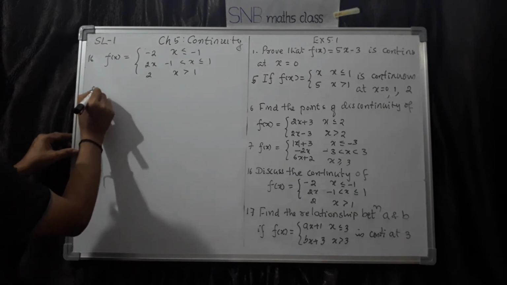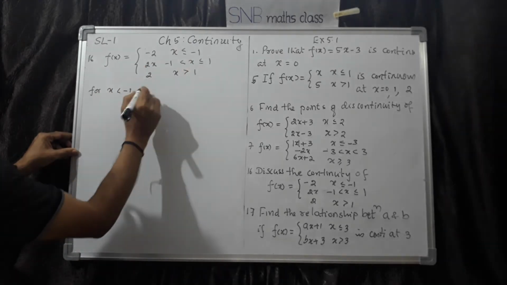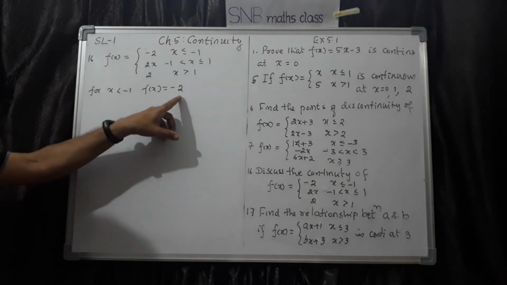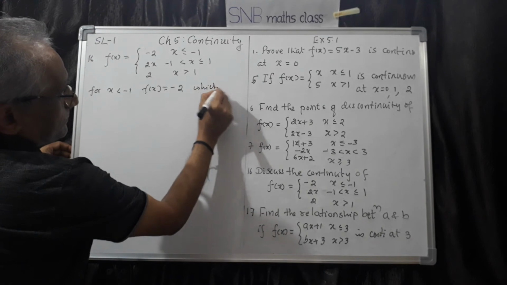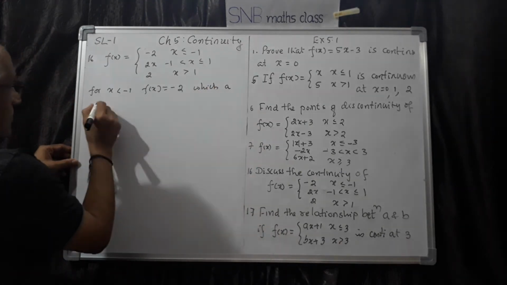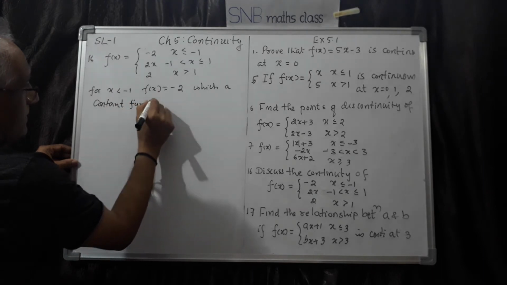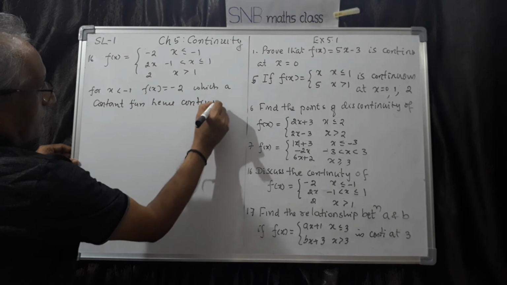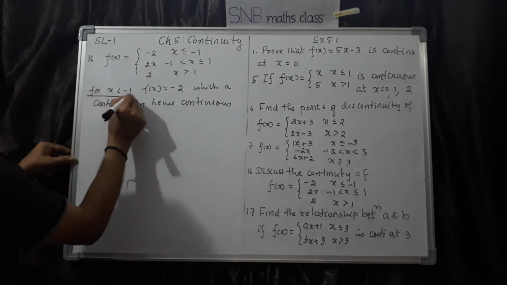Say for x less than minus 1, equality we need not take, f of x equals minus 2, and you know that a constant function is continuous, which is a constant function, hence continuous. So this part.